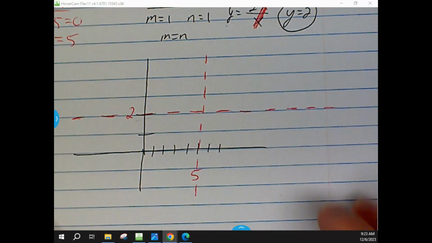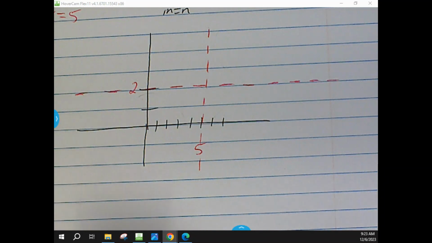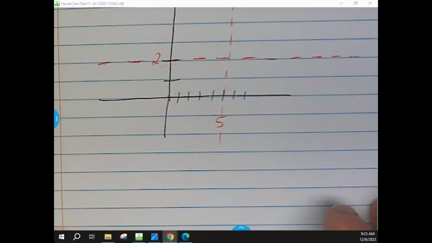So what you're going to have to do is, for this part of it, and this is where it takes a little bit of work to get through these.